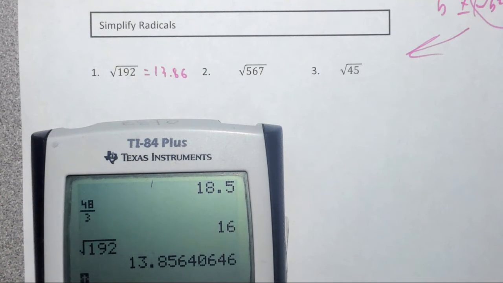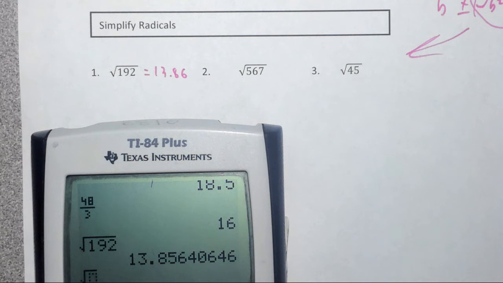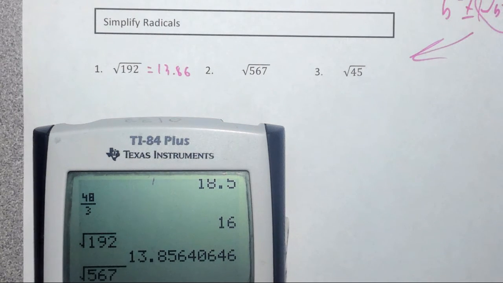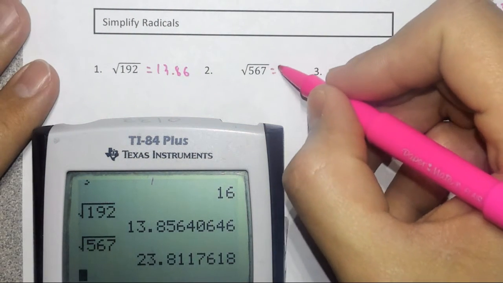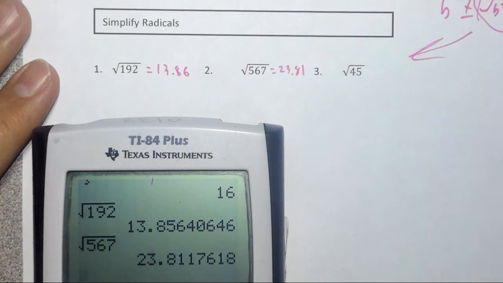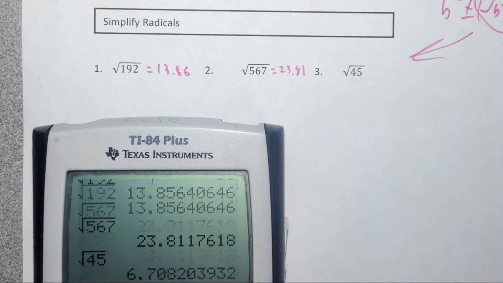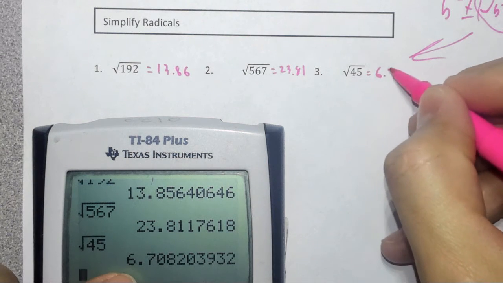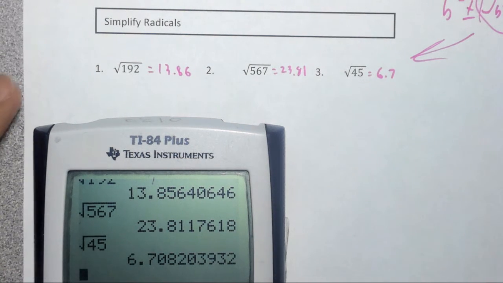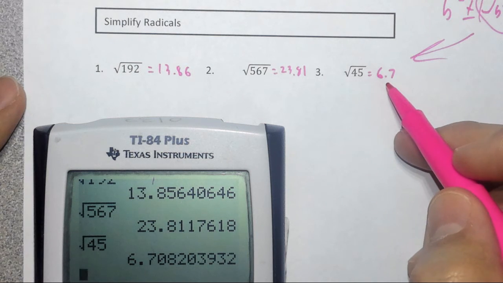Let's do the same thing with 567, and we get 23.81, and then the square root of 45 gets us 6.7. So these are what they're approximately equal to.